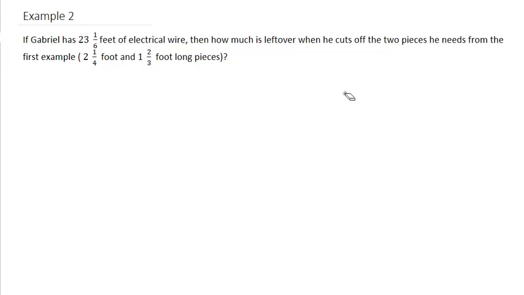Example 2. If Gabriel has 23 1/6 feet of electrical wire, then how much is left over when he cuts off the 2 pieces he needs from the first example? So what we're doing is we're going 23 1/6, and we're going to subtract what we got from the last example, which was 3 11/12.